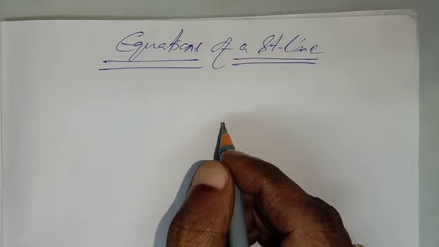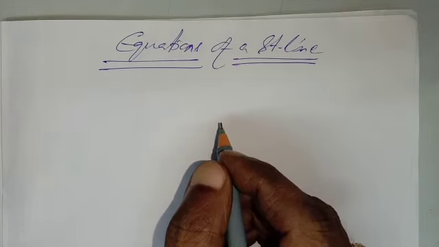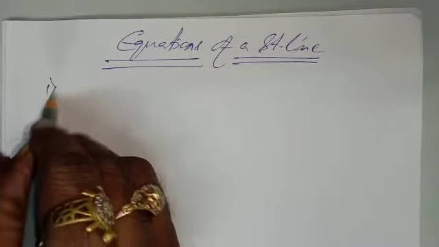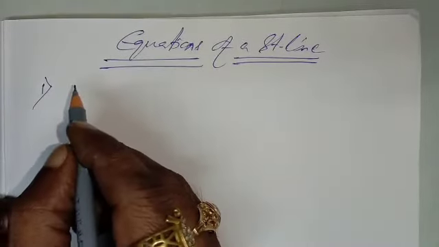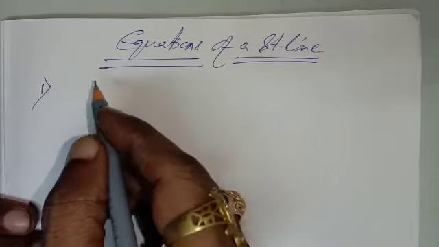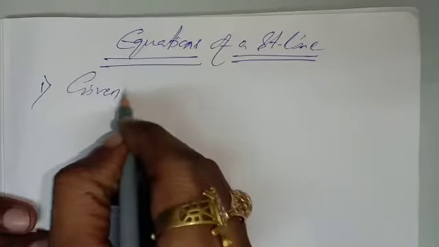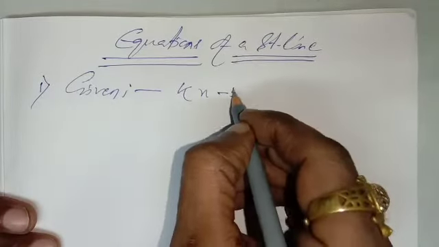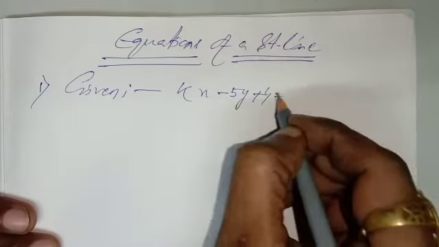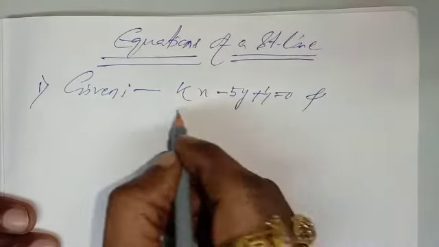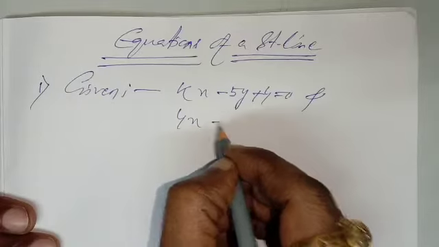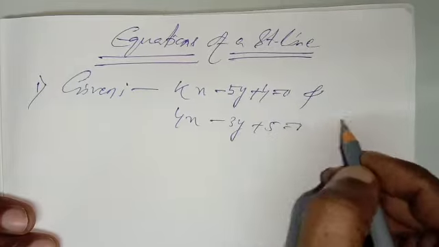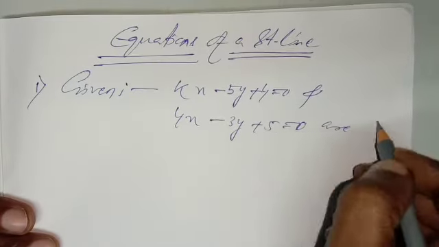Let us concentrate on the chapter Equation of Straight Line. First question: find the value of k for which the lines kx minus 5y plus 4 equal to 0 and 4x minus 3y plus 5 equal to 0 are perpendicular to each other.